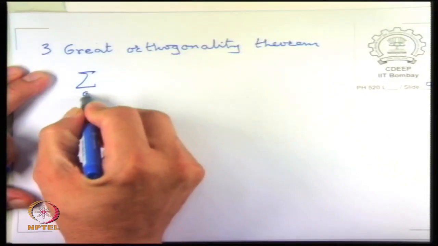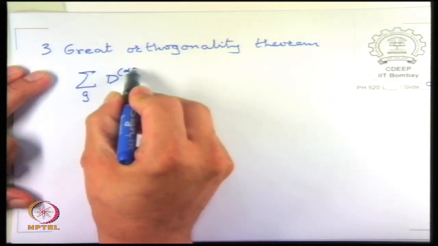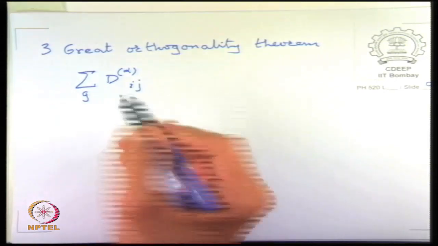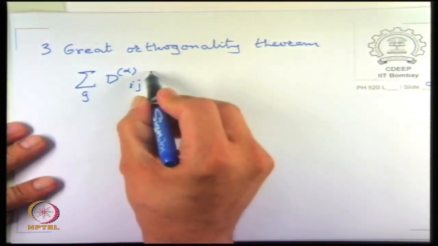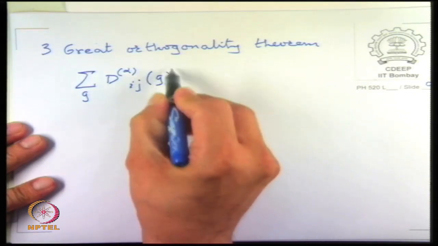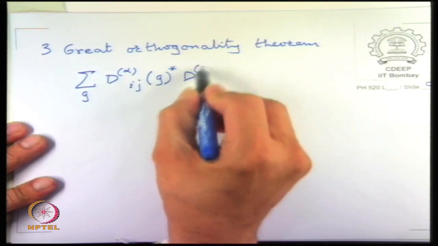Sum over all group elements G, D alpha, and here we put, since it is a unitary matrix, a star on D beta.